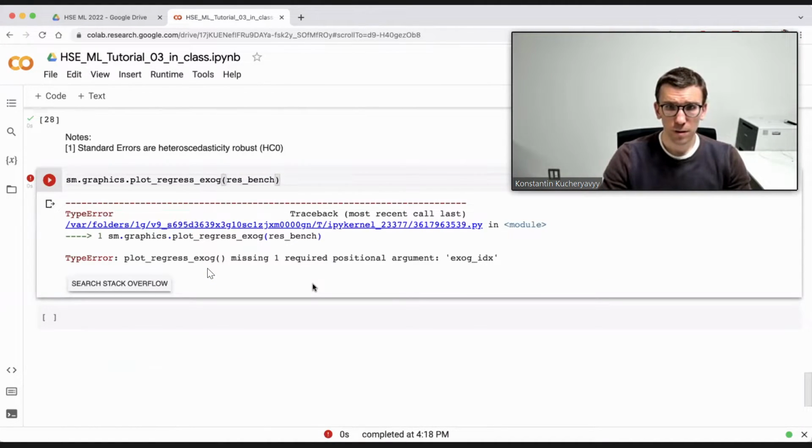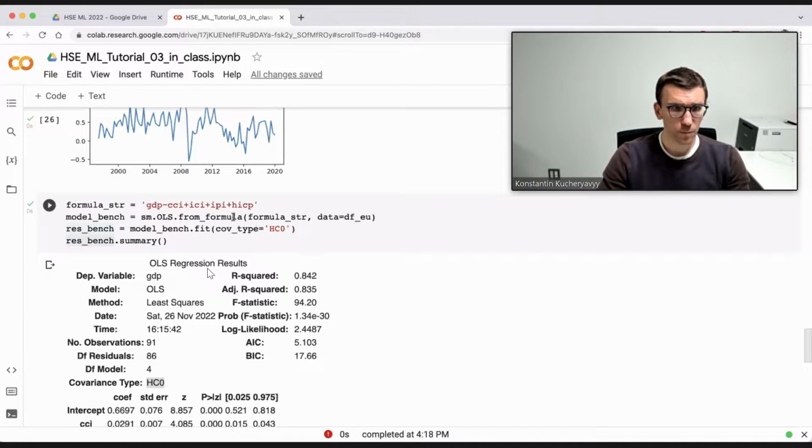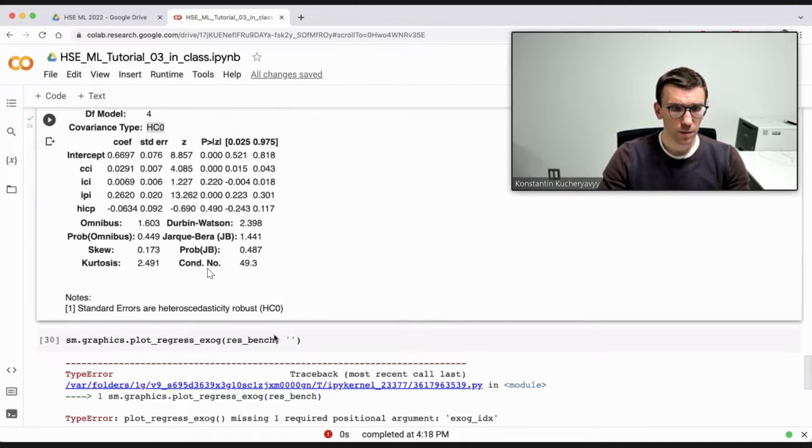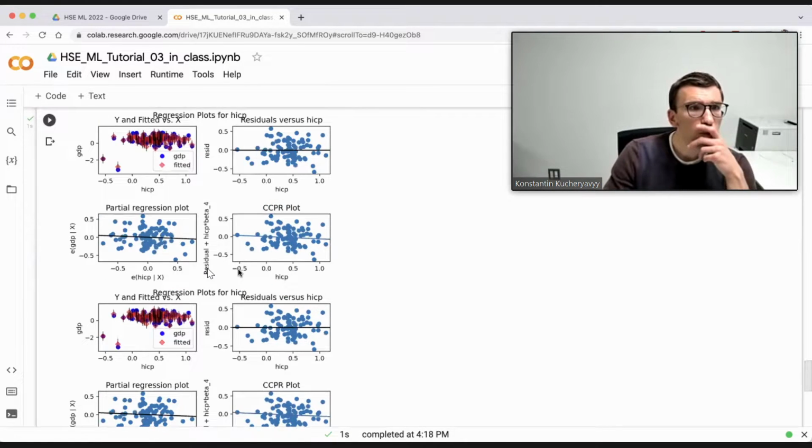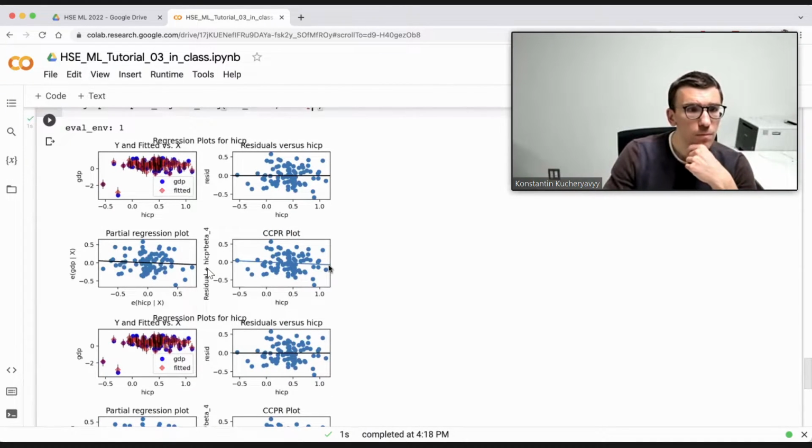Nope. I have no idea what this exogenous index is. I see. Let's say.